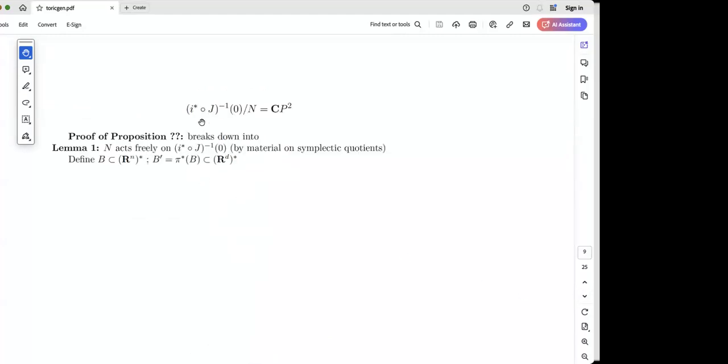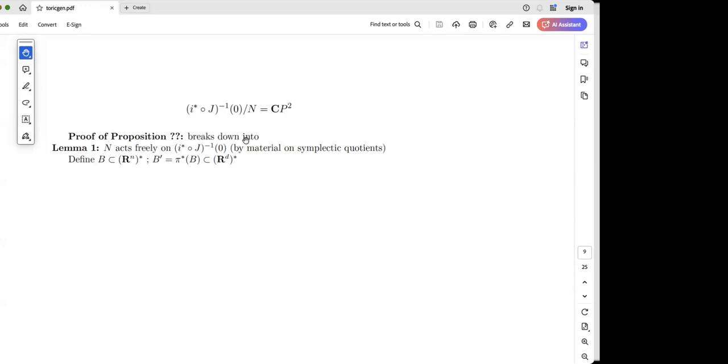So finally, the sum of the norm squareds of the z's has to be equal to 1. There are three of them, so that gives you S^5. And then you're quotienting by the action of U(1). That gives you CP2.